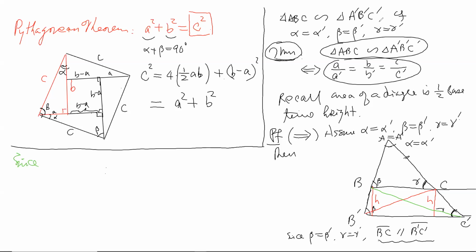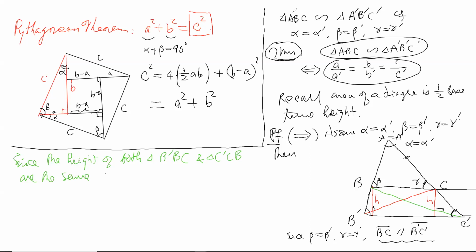Since the altitude, or the height, of both triangles, the triangle B prime, BC, and the triangle C prime, CB, are the same, agree? Do you agree?